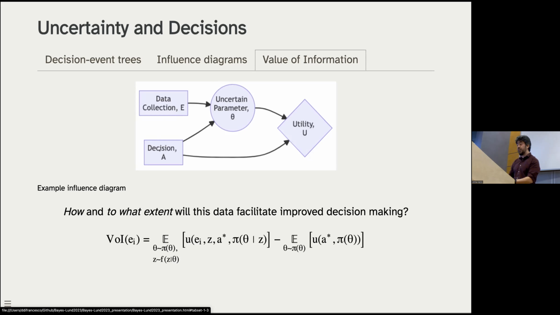And that may lead to the identification of a new optimal decision. Or even within the same strategy, we may just be exposing ourselves to less risk by better understanding our system. But essentially, the question that we're answering and quantifying is how and to what extent do we expect this data to facilitate improved decision-making.